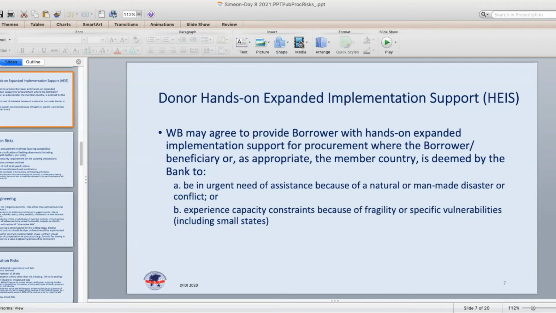The World Bank is willing to step in and basically, shoulder to shoulder, help the procuring entities in designing and conducting their procurement proceeding. And that's new because there's an added emphasis on this now.